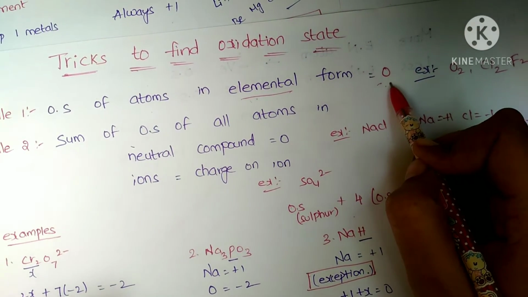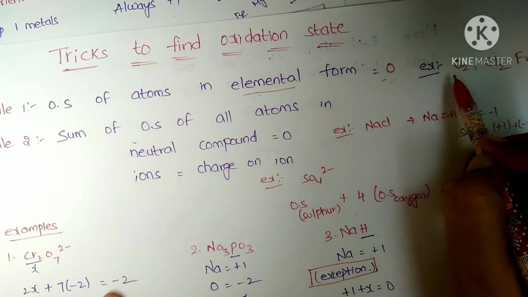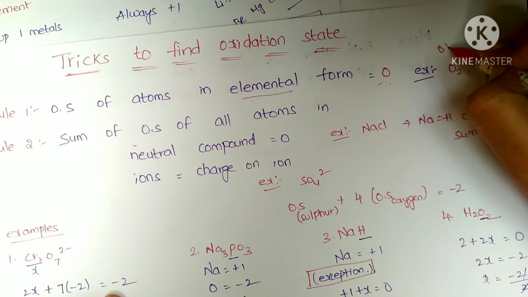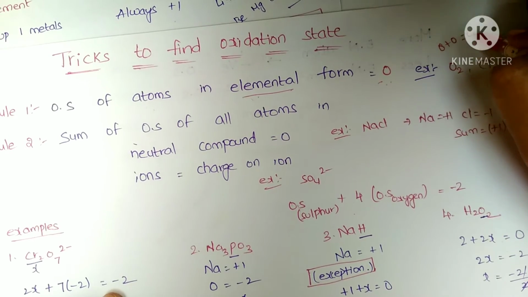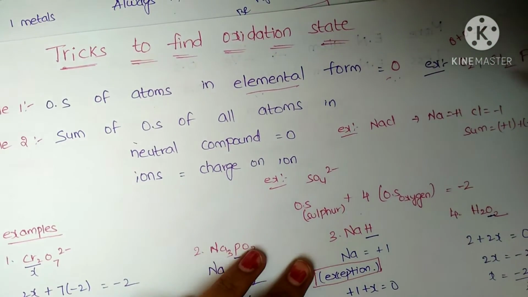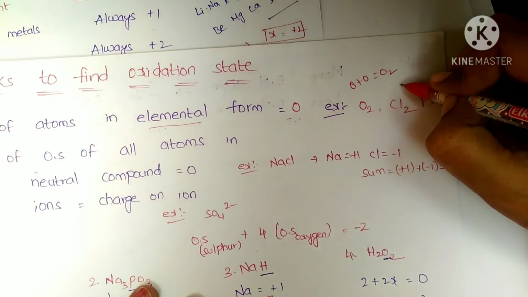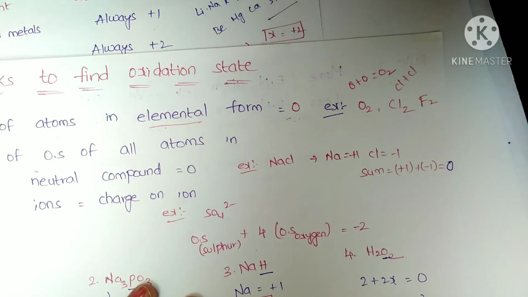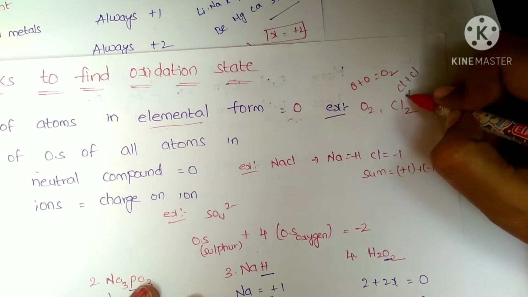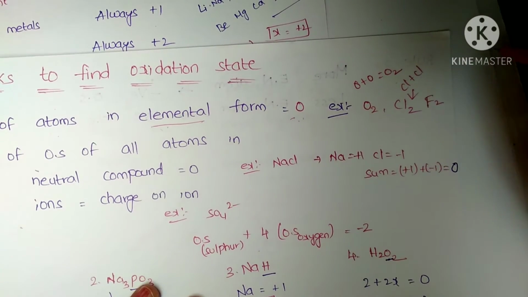That means two atoms combine together to form an element. If you consider O2, one oxygen combines with another oxygen to form an element called O2. Or you can consider chlorine, Cl2: one chlorine atom combines with another chlorine atom to form the element Cl2, and even F2.